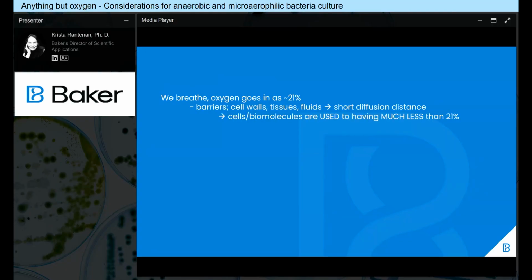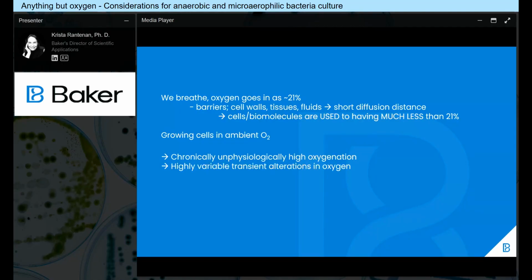So what happens, and what's the case in vivo in a human being or an animal or whatever, cells and biomolecules are used to having much less oxygen than 21%. And if they have 21%, they cannot handle it. So if we grow cells in ambient oxygen levels, we create unphysiologically high oxygenation and highly variable alterations in oxygen.